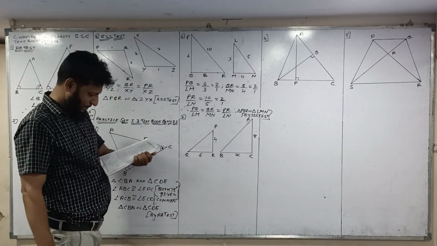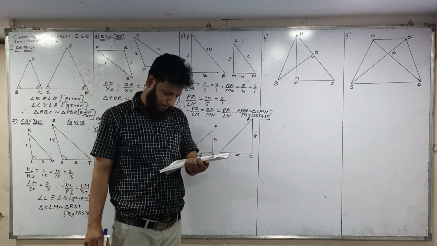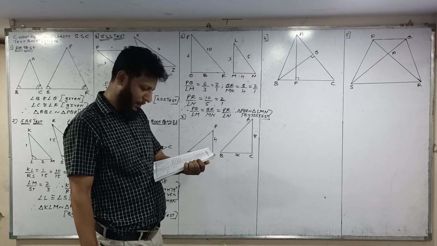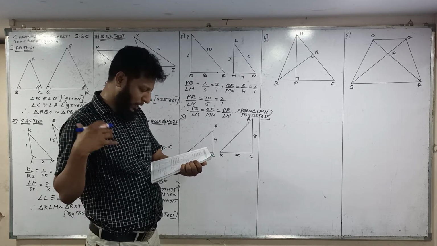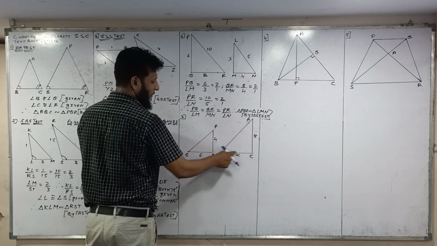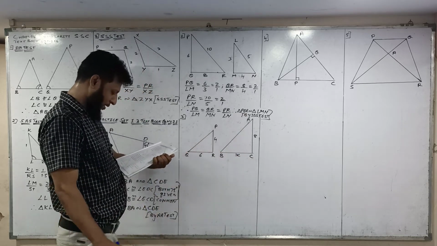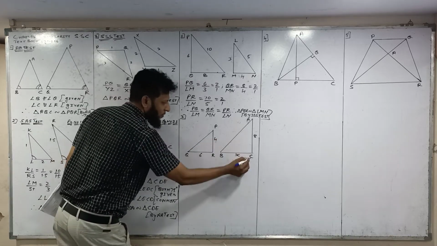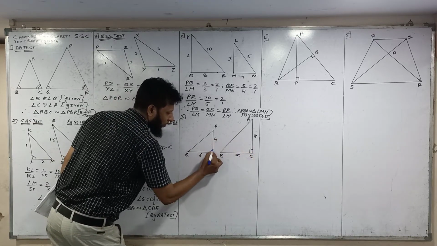Third question: AC and PR are poles having shadows QR and BC. The shadow of the smaller pole is 6 meters and the shadow of the bigger pole is not given. You have to find the shadow of the bigger pole. Okay, so these are the poles. They are perpendicular to the ground.